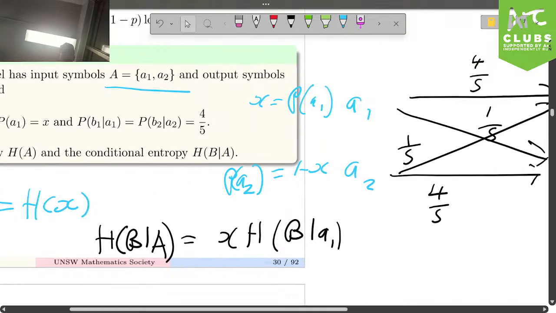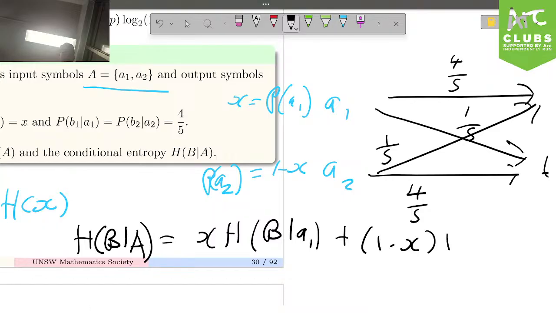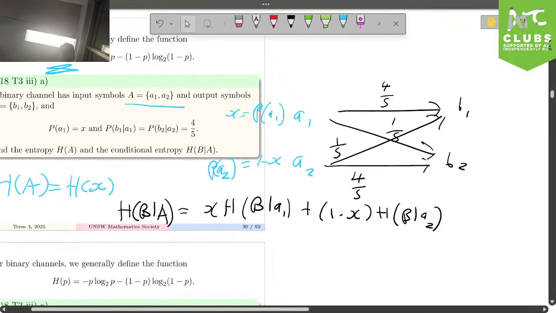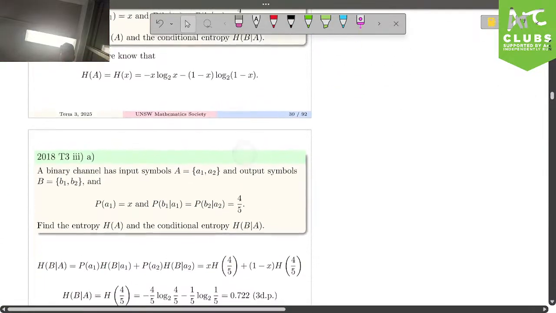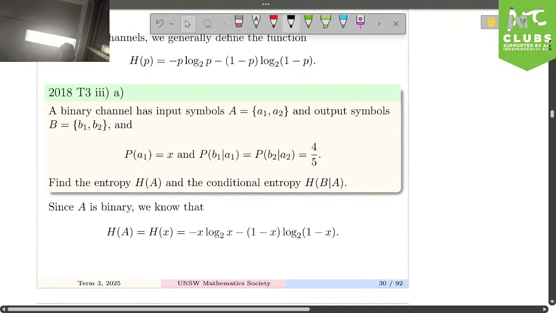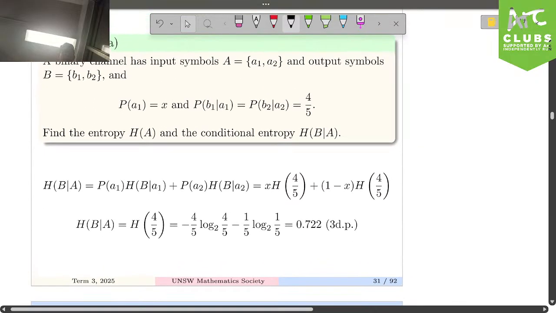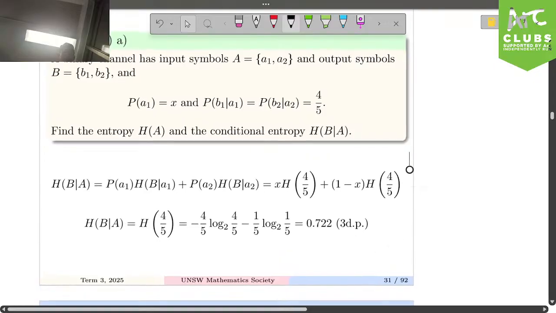And for computing this, we would use the transitions of 1/5 and 4/5, and then this would be 1 minus X times H of B given A2. Don't see any problems so far. Let's just make sure that is correct. So H of A would be H of X as we defined by this function. Excellent. And if I made a mistake, no, not yet.